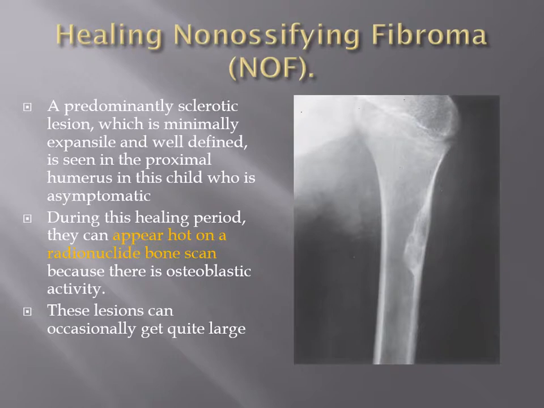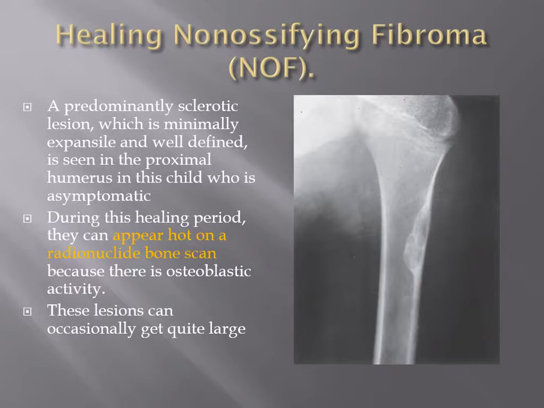In this case of healing non-ossifying fibroma, which appears expansile and well-defined in the proximal humerus in a child, it is asymptomatic and, as you can see here, sclerotic because of the osteoblastic activity. The interesting thing is that during the healing process it will be hot on bone scan.